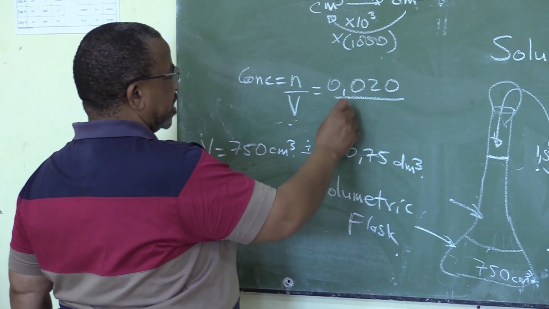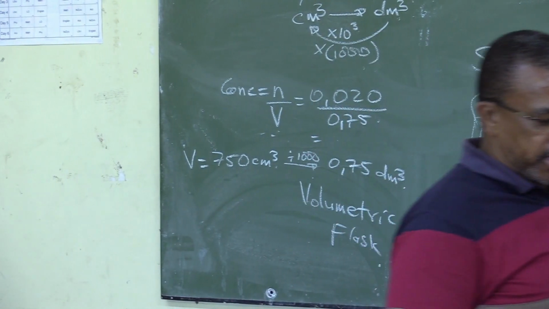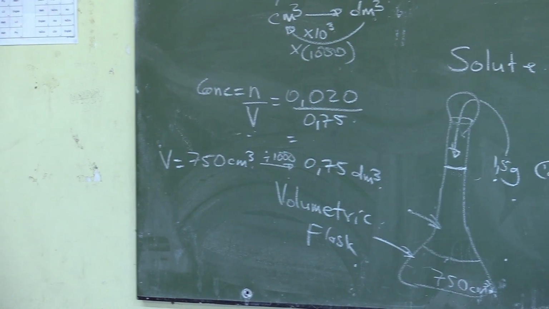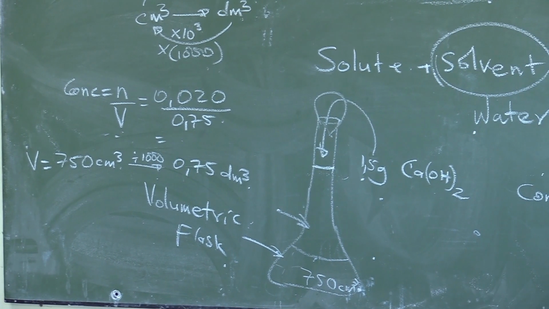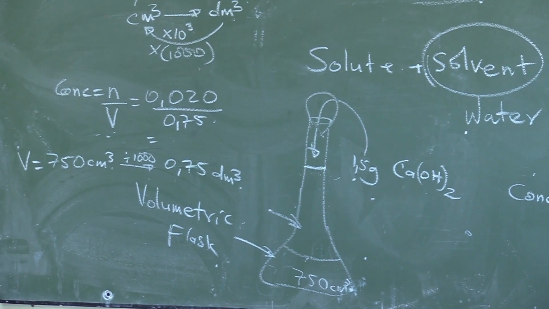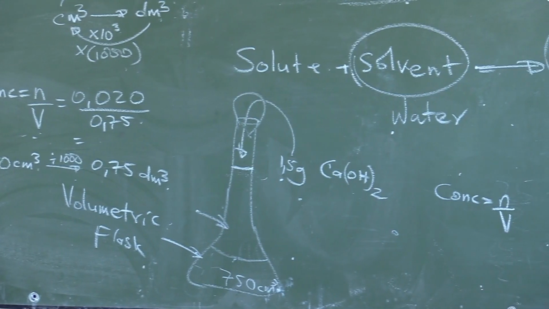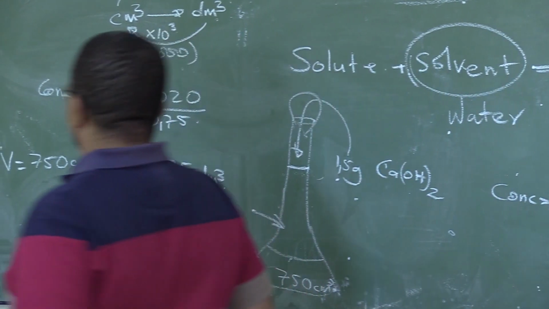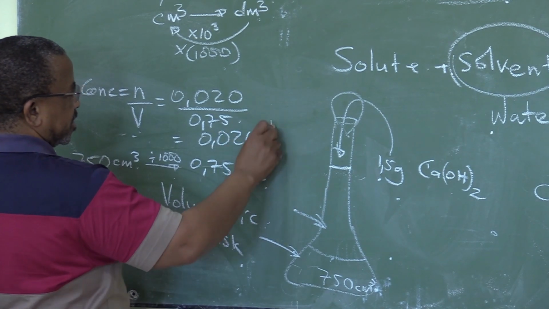Now what is the concentration of that solution? It is 0.020 divided by 0.75. I get 0.026666, which I round to 0.0267 recurring.